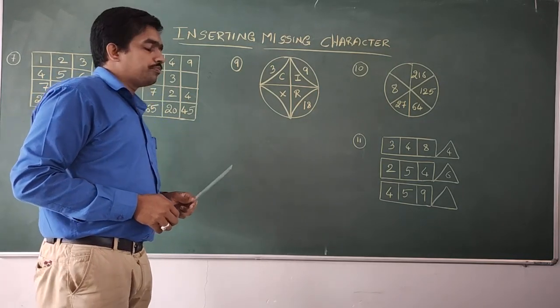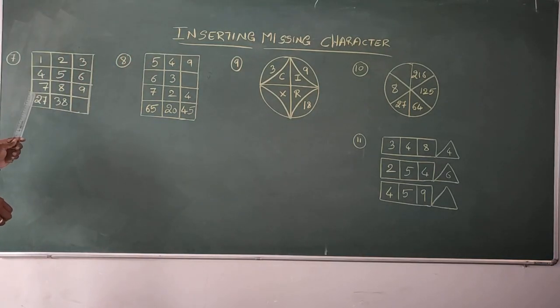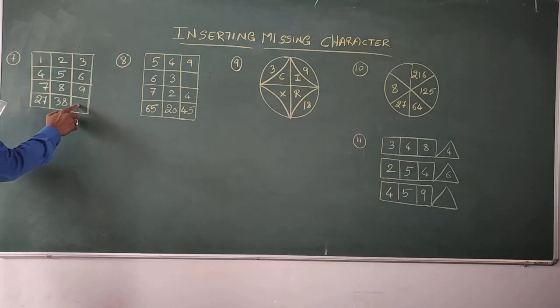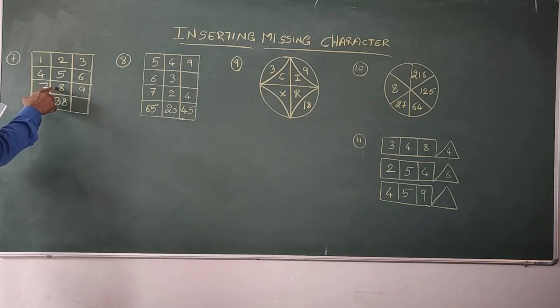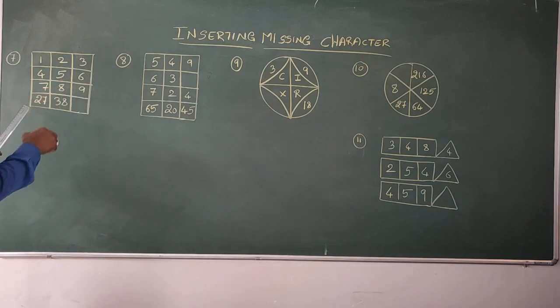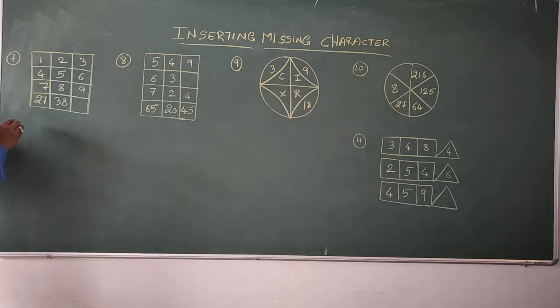Okay, coming to our next problem, it is given in a square and we have to find this number. Let us see how to solve it. See here, if here it is the gap, then we use these three numbers to get this number. Here also the same, these three numbers we use to get this number. Like this, here also the same. See here, 7 into 4 is 28, minus 1 is 27.